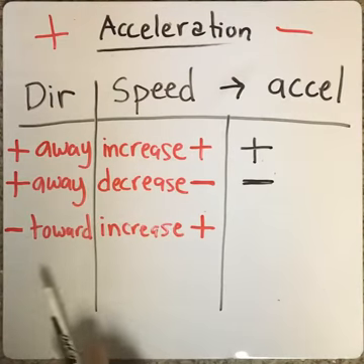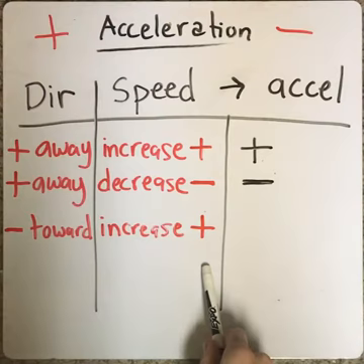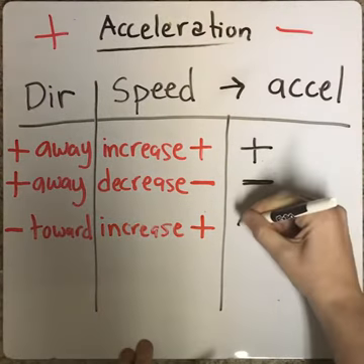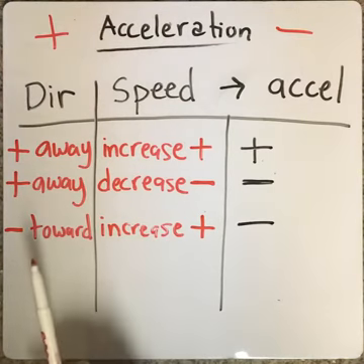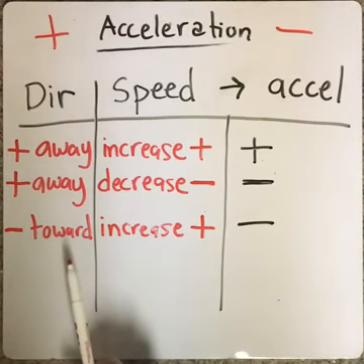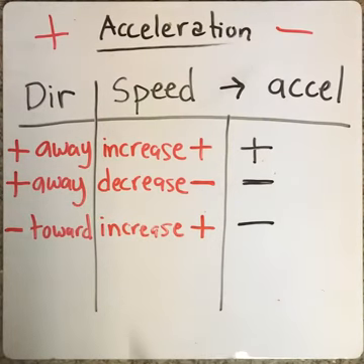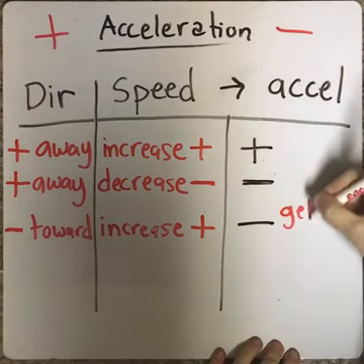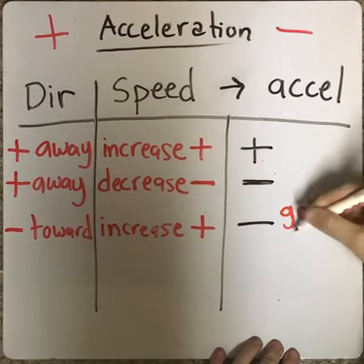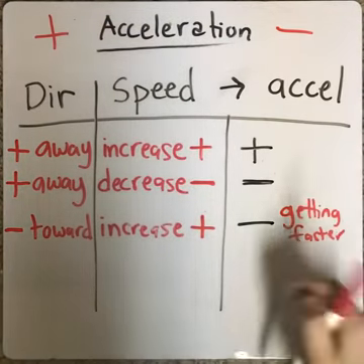In your math class, if you have a negative number times a positive number, you always get a negative answer. So that means that if you're going towards the reference and you're getting faster, that's negative acceleration. For a lot of students, this is hard for them to believe because they think that getting faster can't go with negative acceleration.